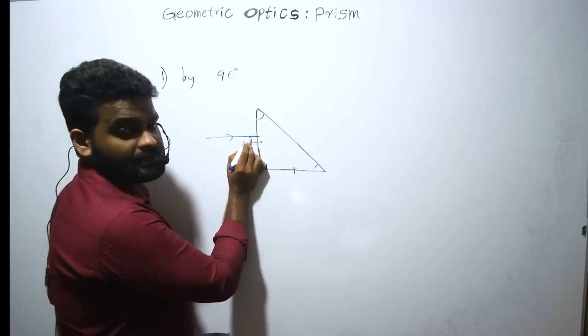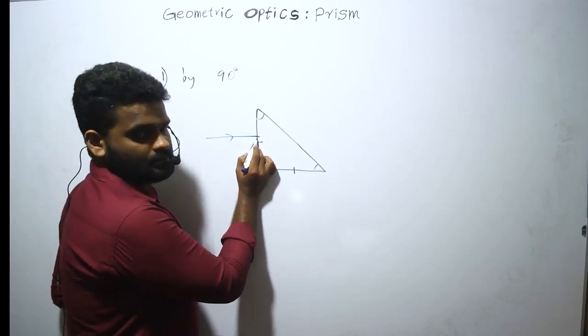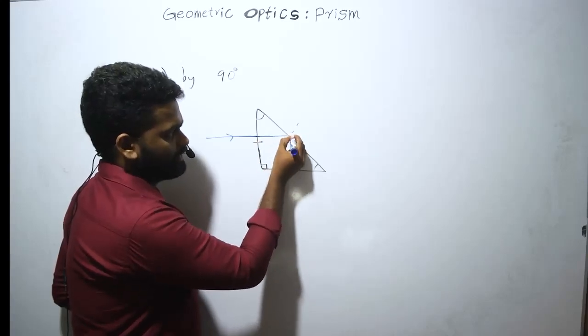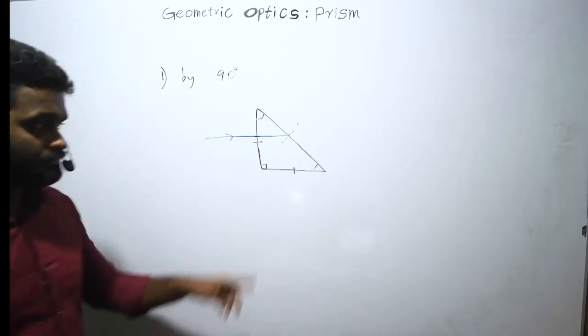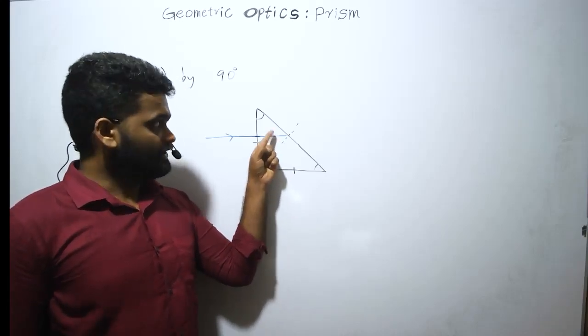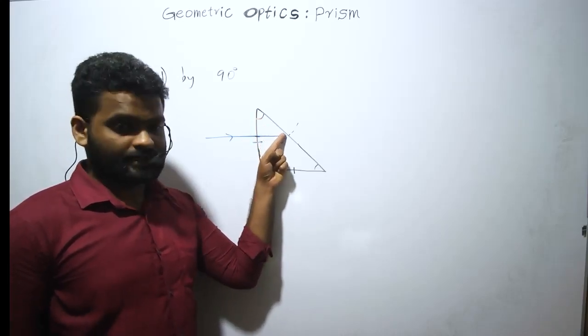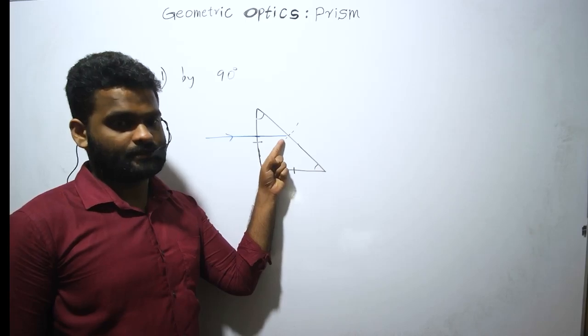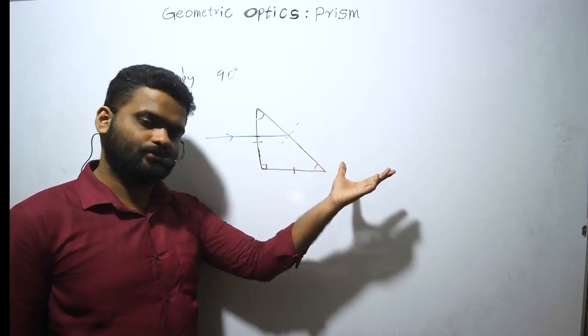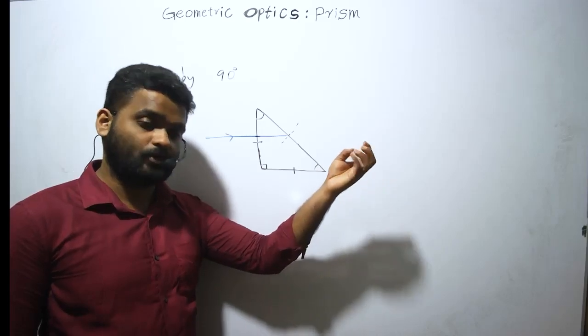It doesn't deviate here, because it is perpendicular to this surface, so it moves like this. Then what should be this angle? If this is 45 degrees, then this also is 45 degrees. If it is 45, it is greater than 42, which is more than the critical angle.